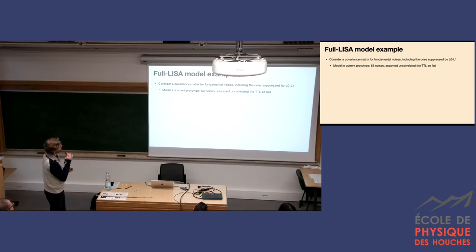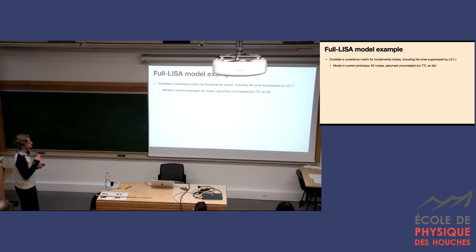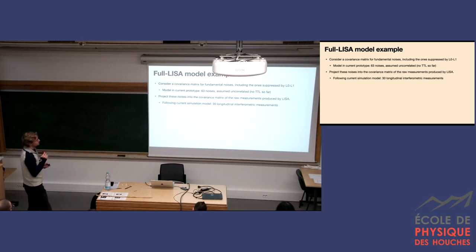So here I have a prototype script. This is now moving more into active research territory, so take this all with a grain of salt. In this prototype, I consider 63 different noise sources, which are individually assumed uncorrelated on their own, but they appear correlated in the measurements. This example doesn't have TTL, but it doesn't change the global picture.